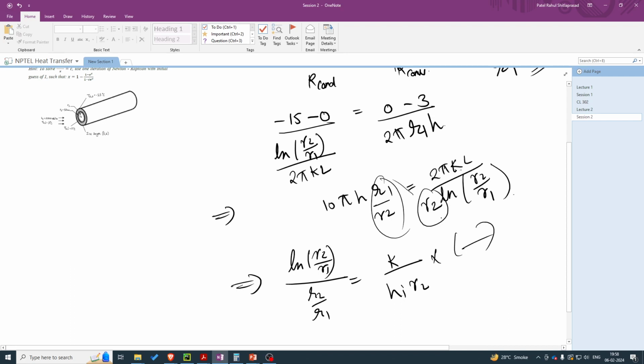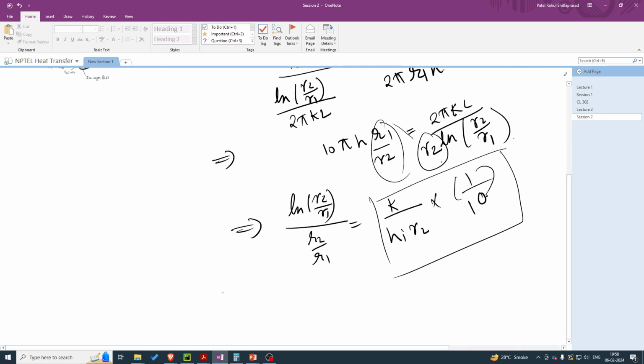So K is over here, 10 and R are inversely proportional, so it will become K by 10. You can put the values over here and you will get ln of R2 upon R1 upon R2 by R1 is equal to 0.097.